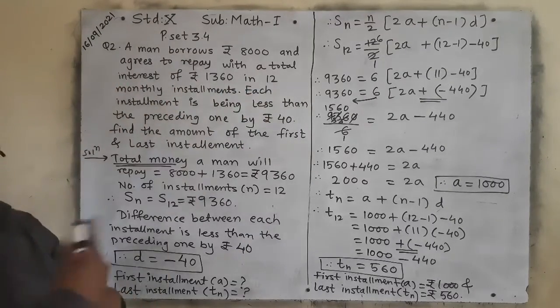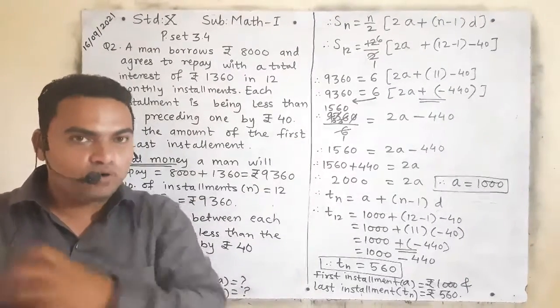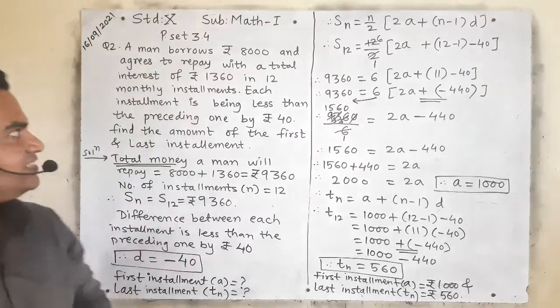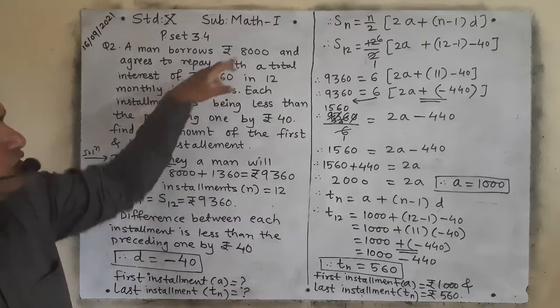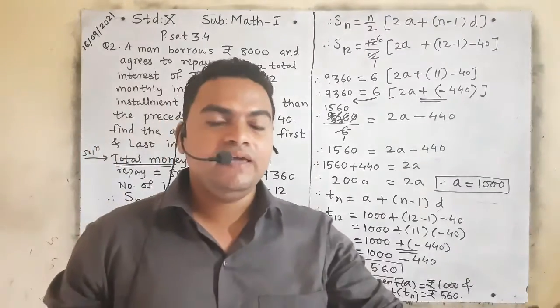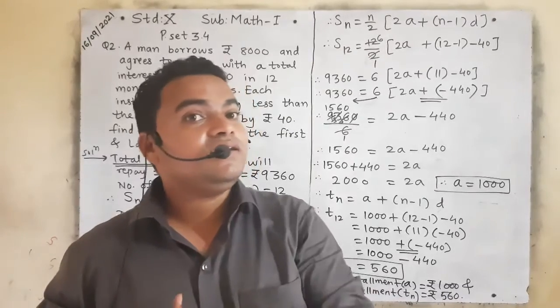With a total interest means this is the capital amount that I borrowed, that is 8,000, plus I will give the total interest. Interest is rupees 1,360, means total दोनों को मिलाकर, the man, means I, will repay 9,360. So what is it? Total money.